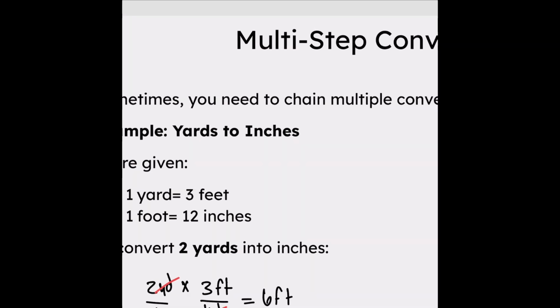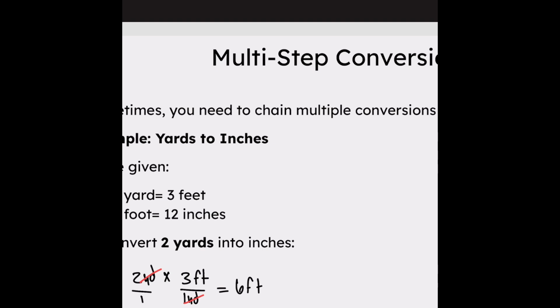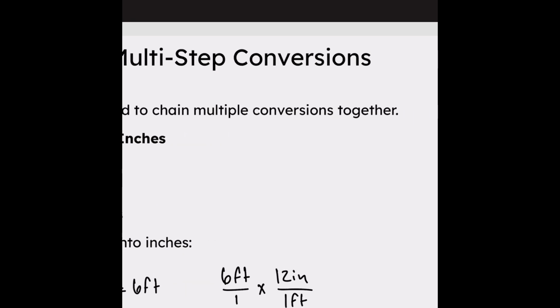Then we're going to convert 6 feet into inches using 1 foot equals 12 inches. So 6 feet over 1 times 12 inches over 1 foot. And again, feet are going to cancel, and I'm left with 6 times 12, or 72 inches.